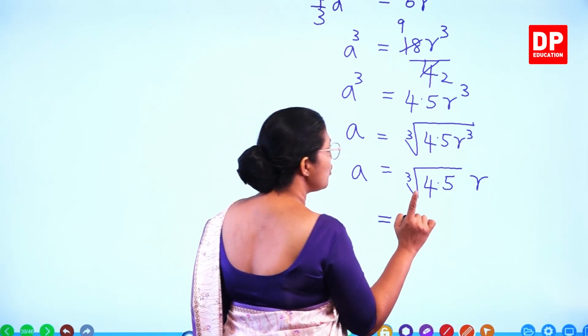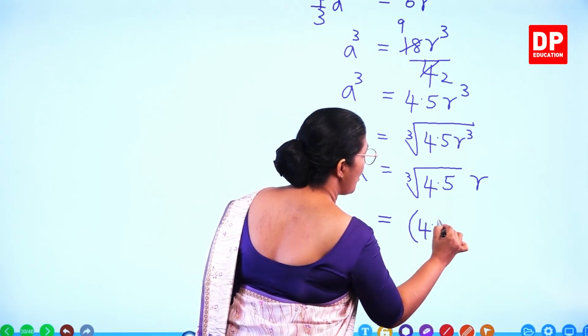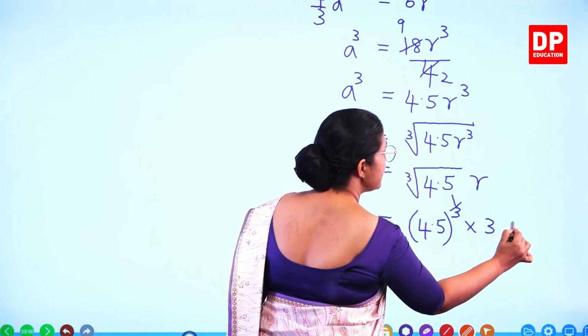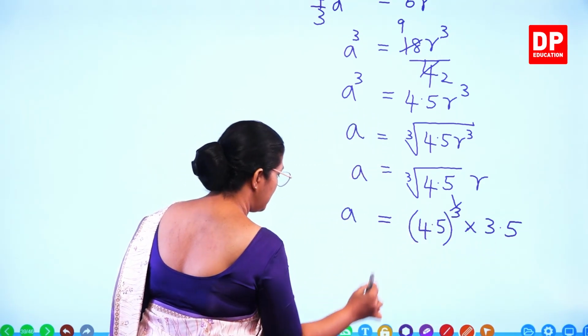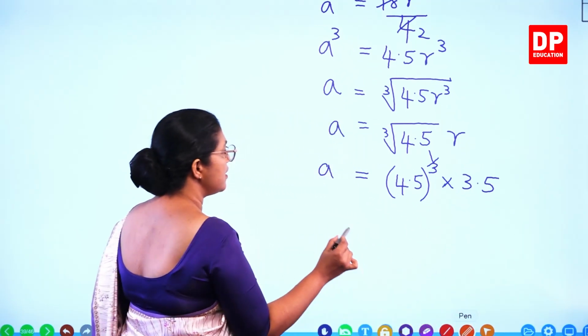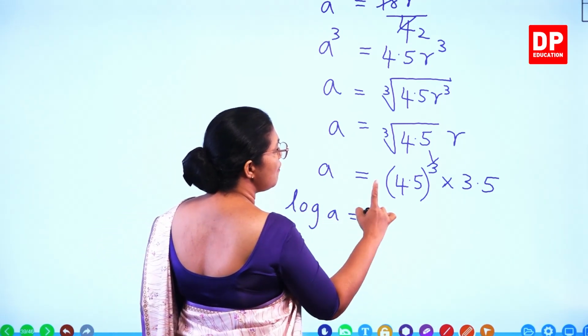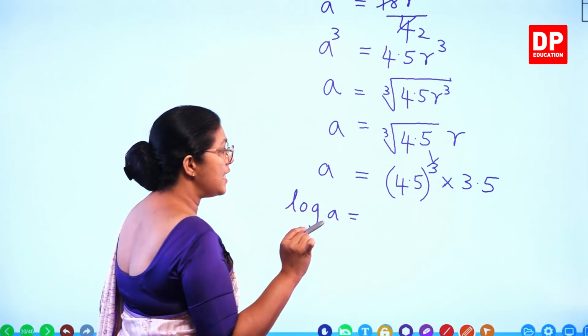So cube root I can write as power 1/3. 4.5 to the power 1/3 and 3.5 as r. Now when you are using logarithms, you can take log both sides. When you take log both sides, we can see multiplication becomes addition.